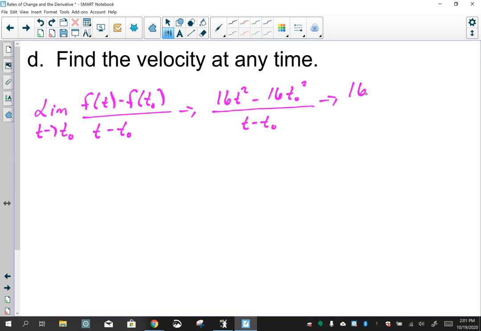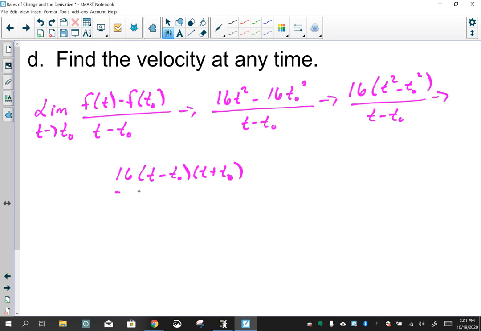Pull out my 16. That leaves me with t squared minus t sub 0 squared all over t minus t sub 0. So that's 16 times t minus t sub 0, t plus t sub 0, all over t minus t sub 0.